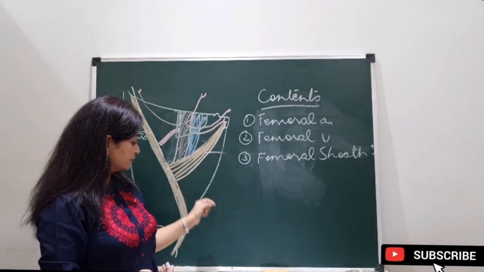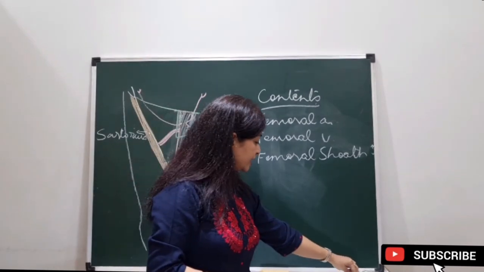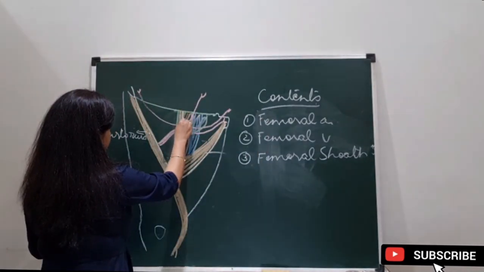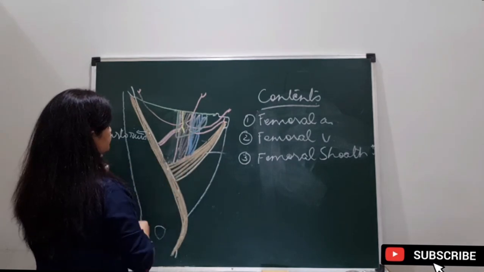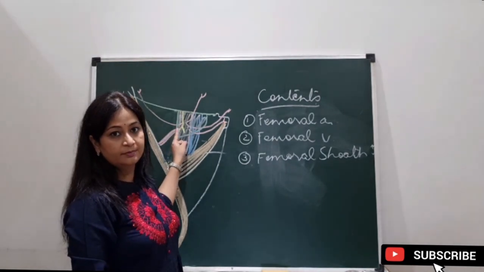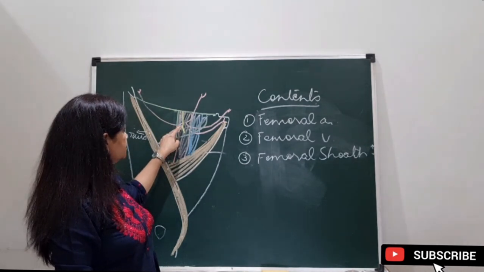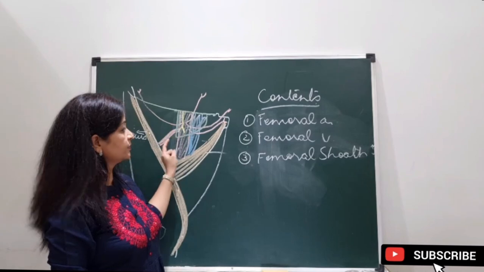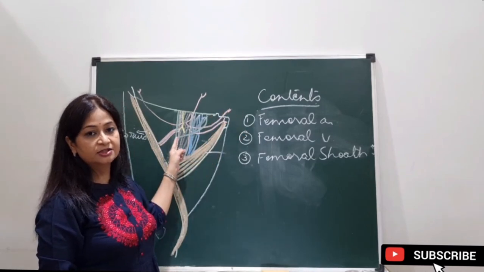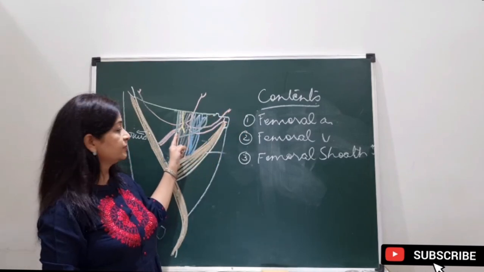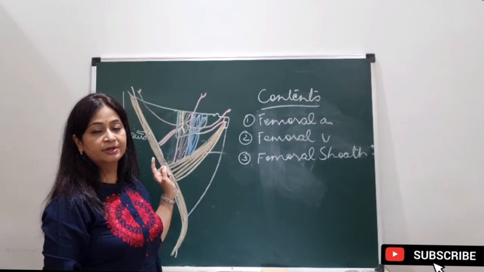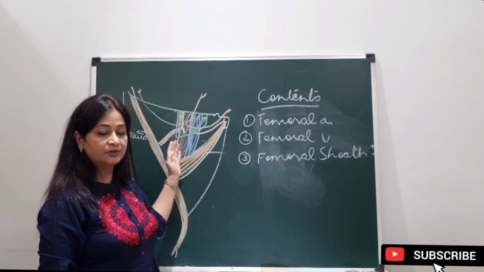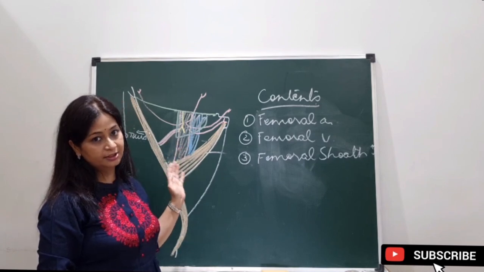Along with this, the femoral branch of the genitofemoral nerve runs in the lateral most compartment, but after a certain course it pierces the femoral sheath to become superficial. So we had seen this nerve in the roof, right? So the lateral most compartment is occupied by the femoral artery and the femoral branch of the genitofemoral nerve.